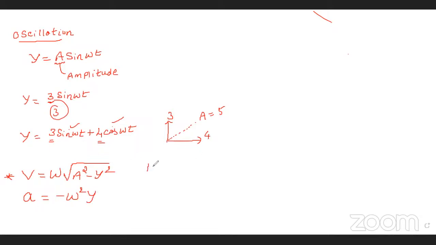Then you must know the expression for the kinetic energy of the particle executing simple harmonic motion. It is half times m omega squared into a squared minus y squared. What about the potential energy? Potential energy is given by half times m omega squared into y squared.